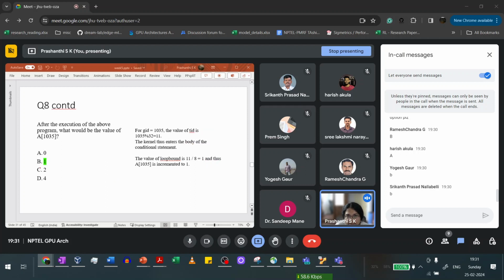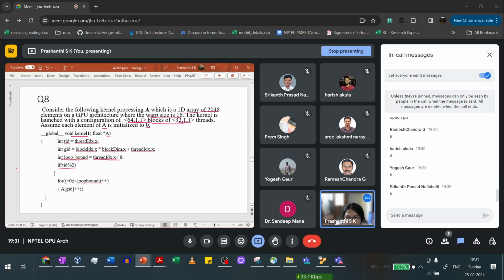So it is B. So why is it 1? Again, we need to go back to the GID and TID part, right? You're being asked about A[1035], and you basically need this TID part here.